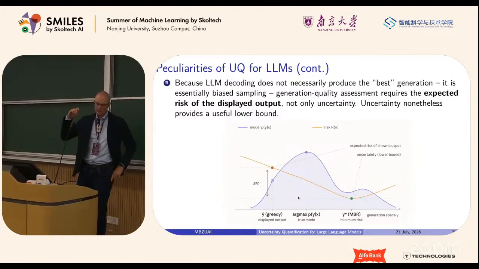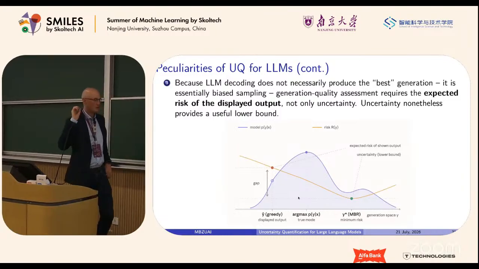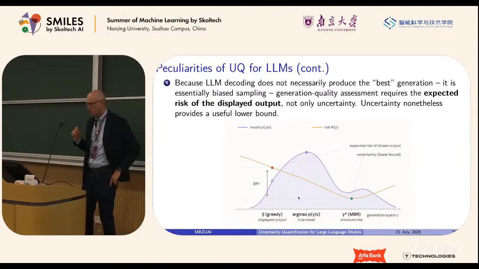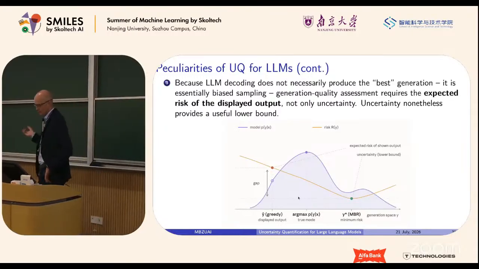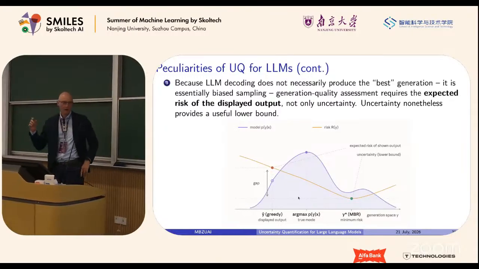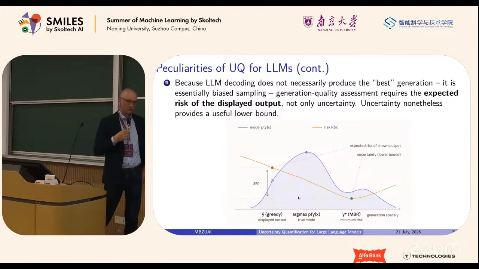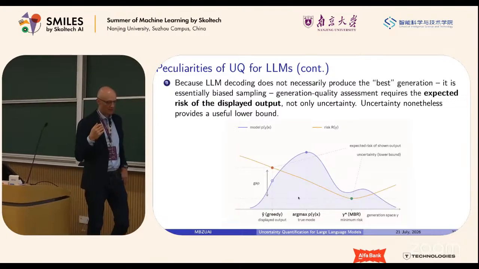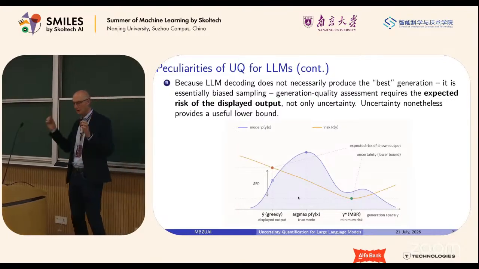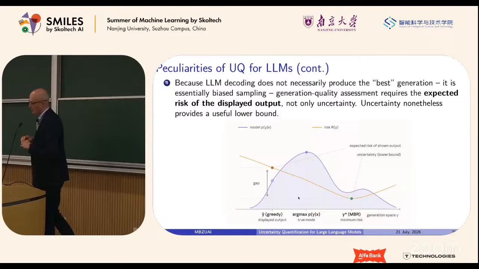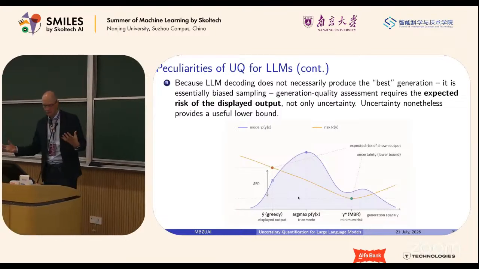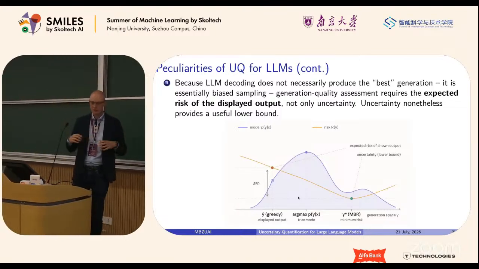Moreover, the most probable generation might not be the best one according to the Bayes risk. Actually, what is optimal might have even lower probability, but it might be located in the distribution area where the density of other generations is quite high.